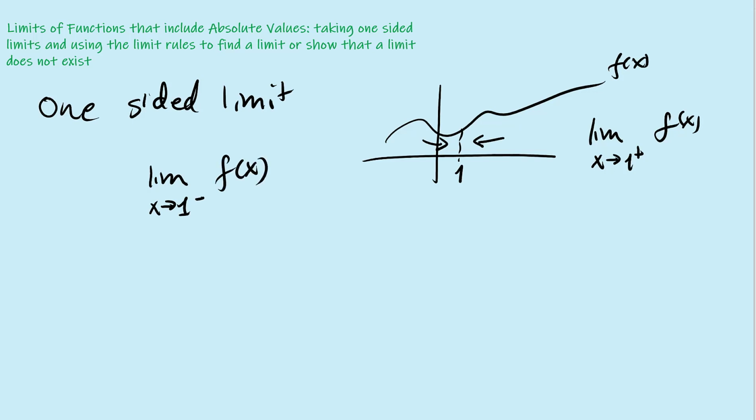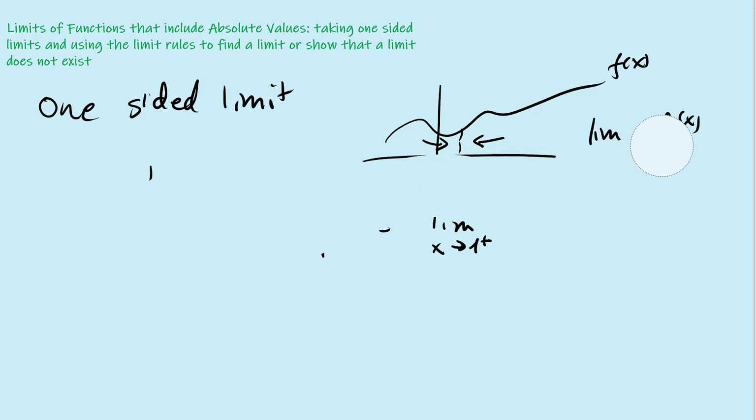And we did say that if the limit from below is equal to the limit from above, then we know that we actually have a limit that exists. If they're not equal, we can't say that we have a limit to the function at that point. So that was a quick review, and if you somehow don't remember this, go back to the earlier video.